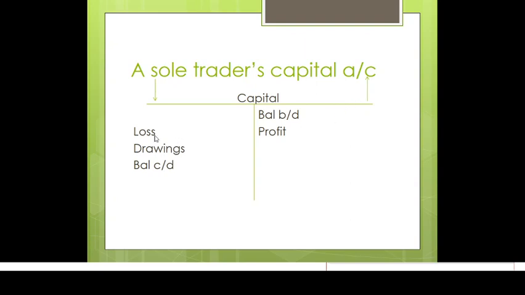If they have made a loss, then the level of capital comes down, and if they take cash out of the business, the level of capital comes down, and overall you have your balance carried down on the debit side. For the next period it appears on the credit side. Okay, so that's how capital works. Profit increases, loss decreases, and drawings decrease.